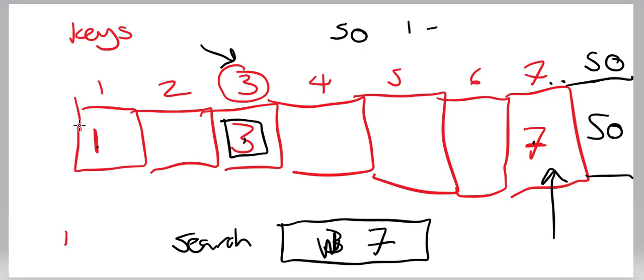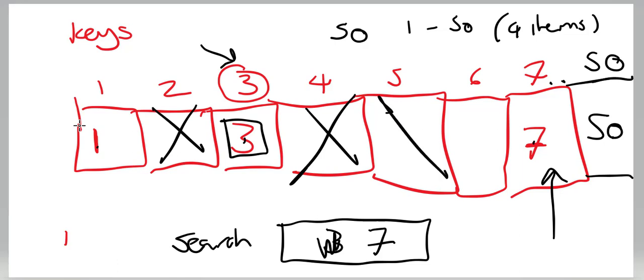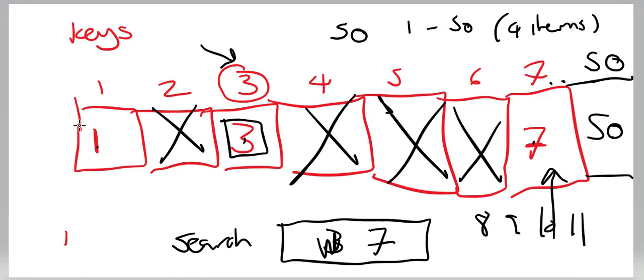So we're going from 1 to 50 and we've only got 4 items in the array. I hope you can see from a memory perspective we've got a lot of wasted space. We don't need 8, 9, 10, 11, etc. So hashing does have its issues in terms of memory wastage.